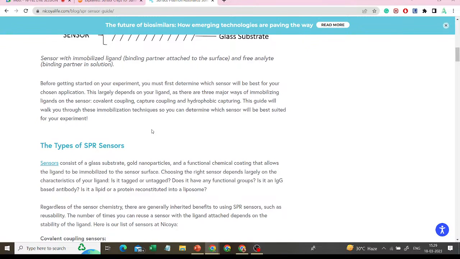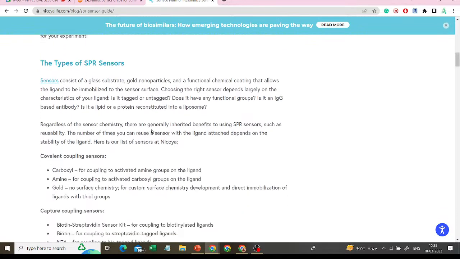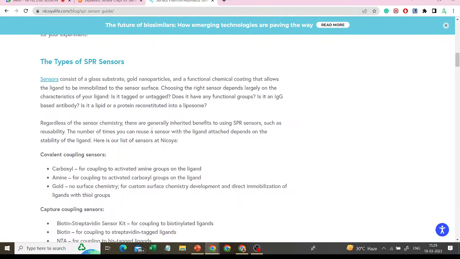The types of SPR sensors: sensors consist of a glass substrate, gold nanoparticles, and a functional chemical coating that allows the ligand to be immobilized to the sensor surface. Choosing the right sensor depends largely on the characteristics of the ligand. Is it tagged or untagged? Does it have any functional group? Is it an IgG based antibody?